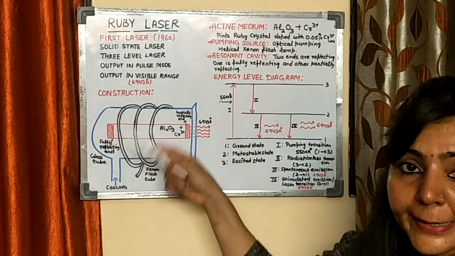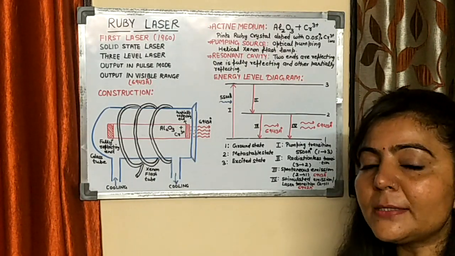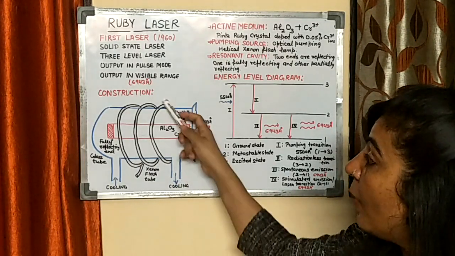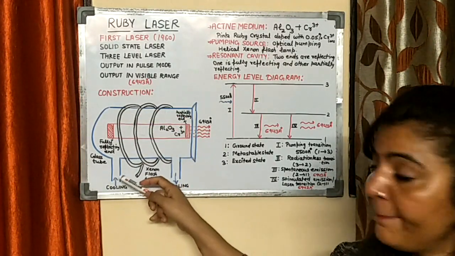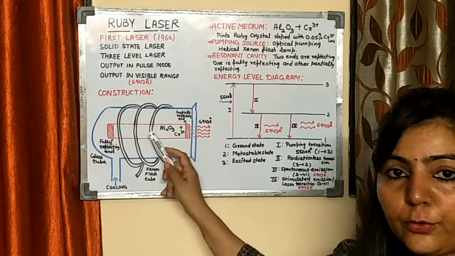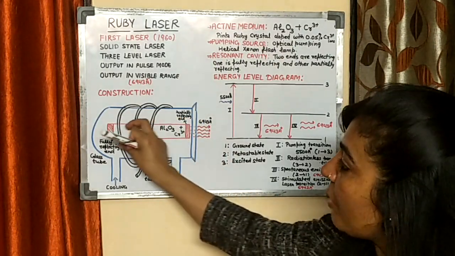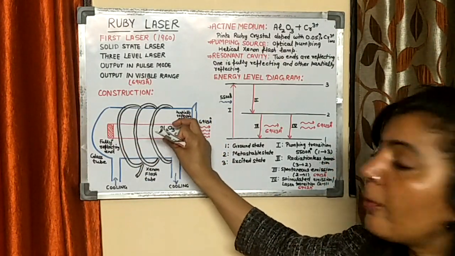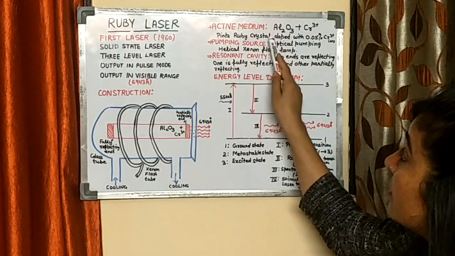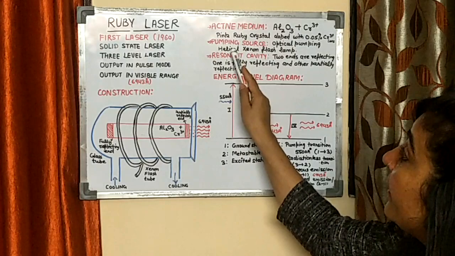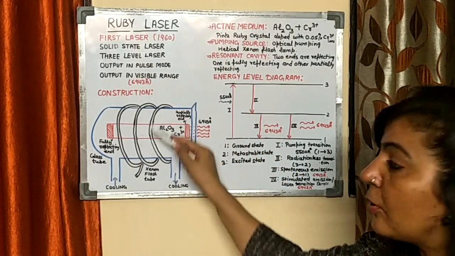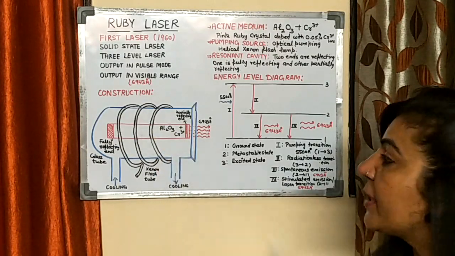So here you have a helical xenon flash lamp, and through this helical xenon tube, you will provide light photons. Those light photons will strike the active medium, and then population inversion is achieved. So the active medium is pink ruby crystal doped with chromium ions, and the pumping source is an optical pumping source, a helical xenon tube through which light photons are provided.